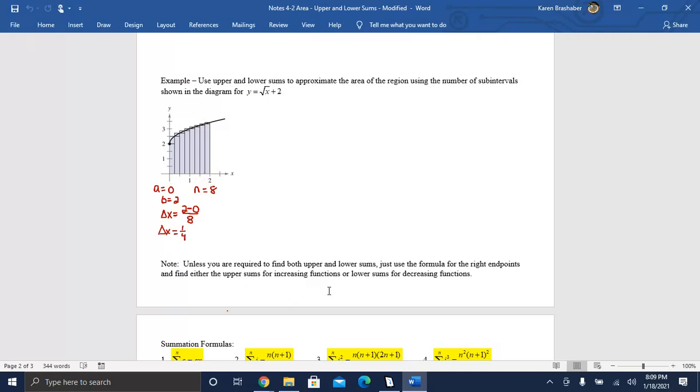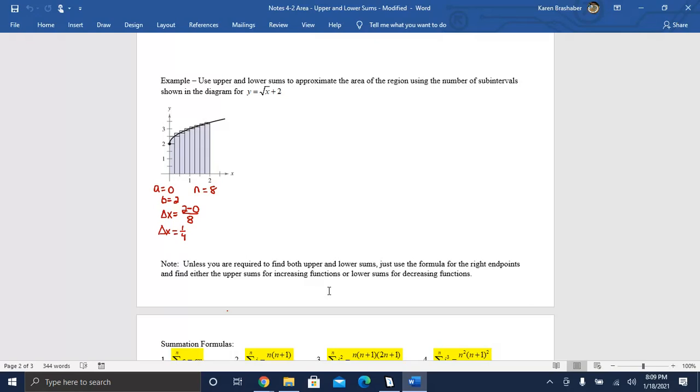All right, now you are asked to find both an upper and a lower sum. And at this point, you might not know which one is which. So instead of calling it an upper and a lower sum, we're just going to refer to these as right endpoints and left endpoints.